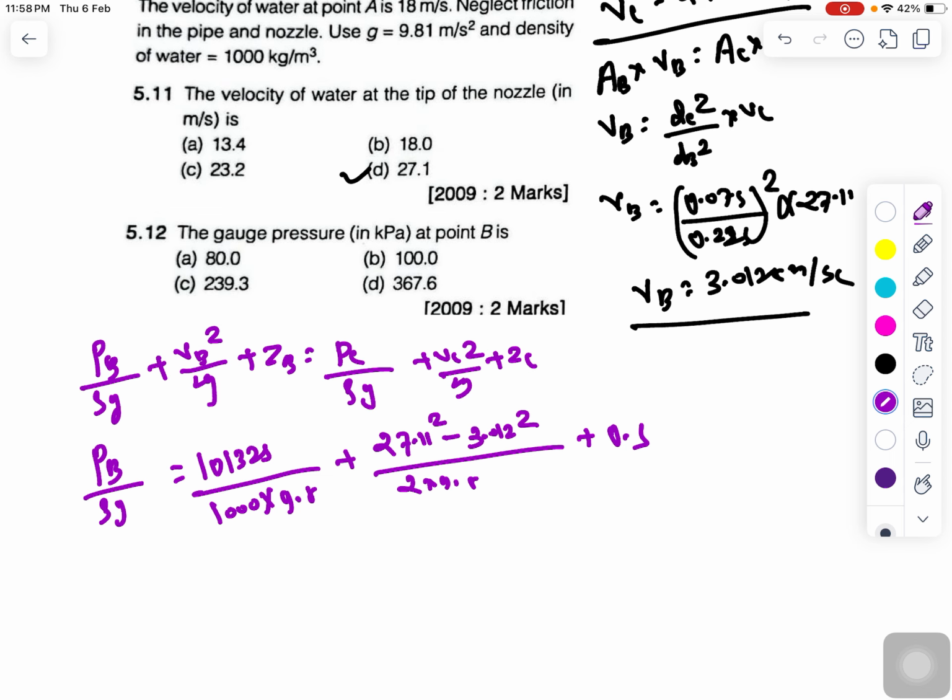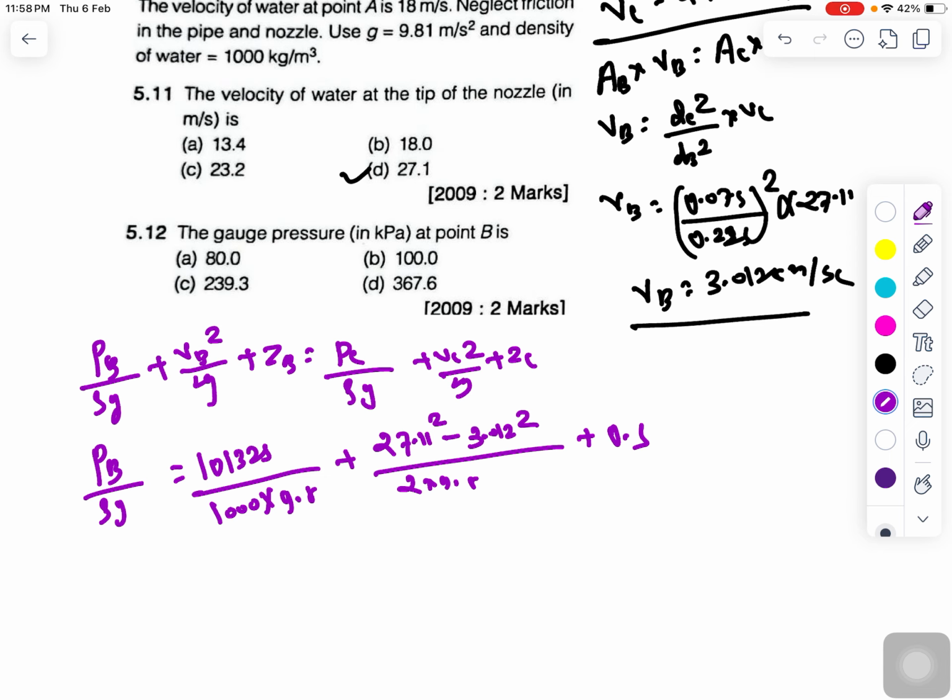So let's try to calculate. 27.11 square minus 3.012 square divided by 2 multiplied with 9.8, plus 0.5, 37.5. Again plus, you can see here, 101.325 divided by 9.8, right?